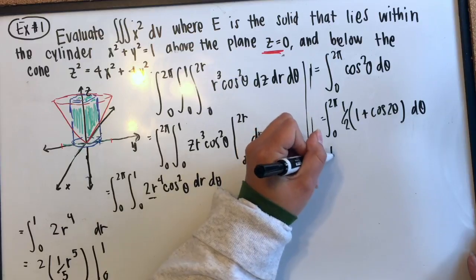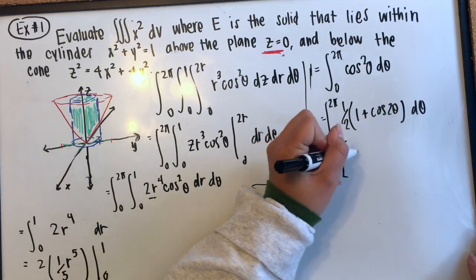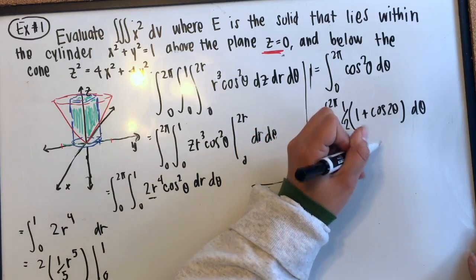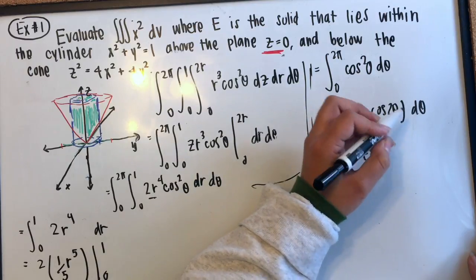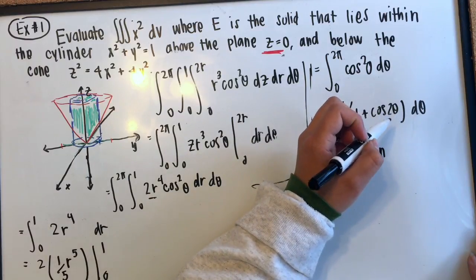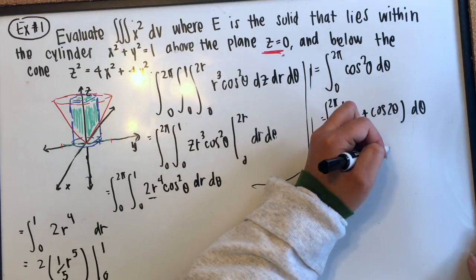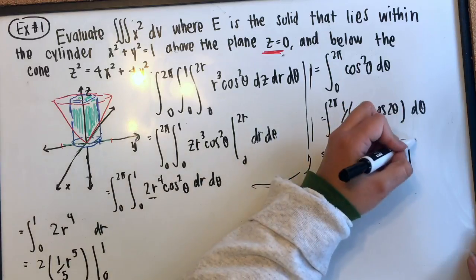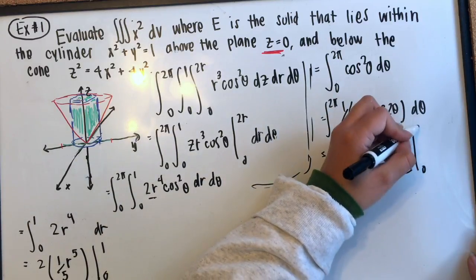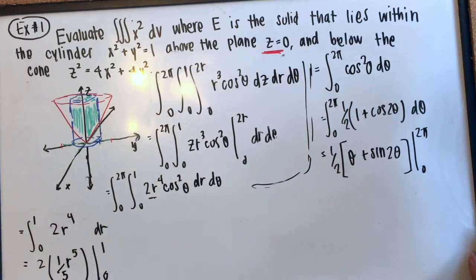We would integrate that. We would have theta plus sine 2 theta over 2, from 0 to 2 pi.